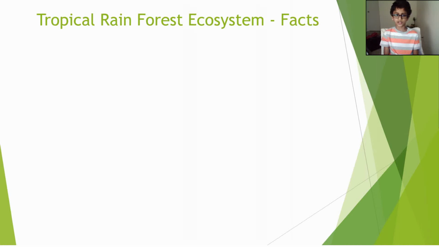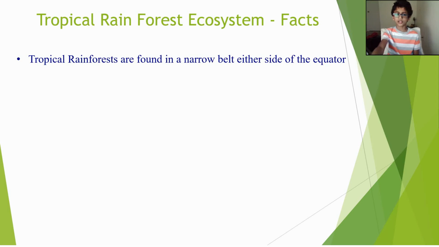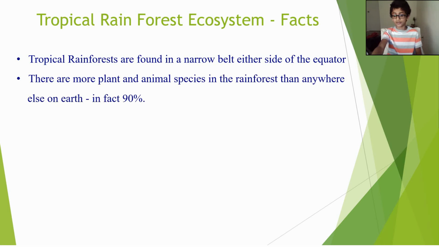So now we go on to the tropical rainforest ecosystem and a few facts about it. First is that tropical rainforests are found on a belt on either side of the equator. Now this is also a fact that I showed in the maps. This is a fact that is very obvious. It's on a belt on either side of the equator, and it is a very hot biome.